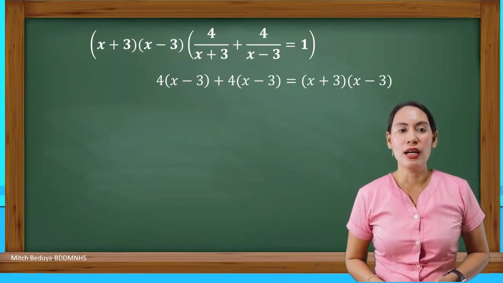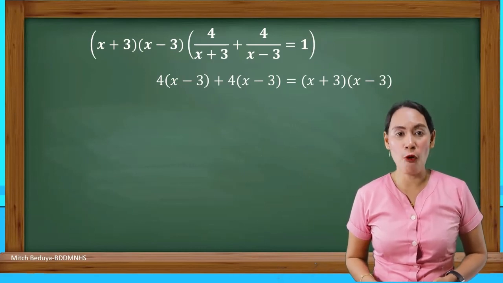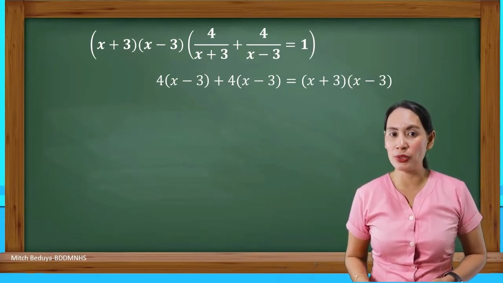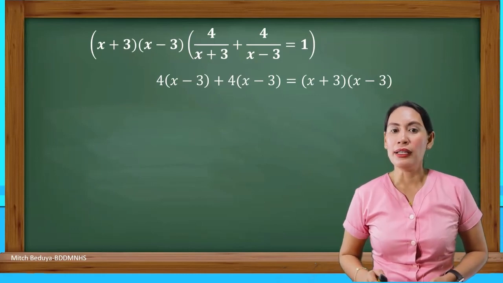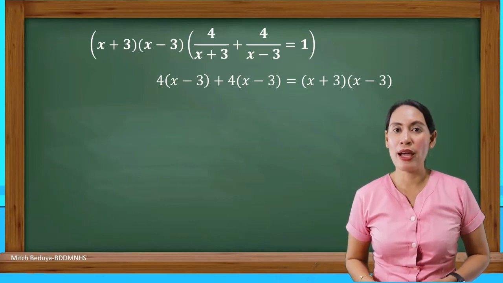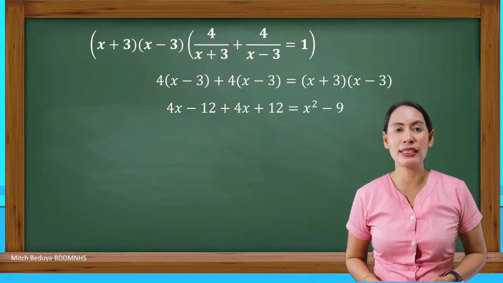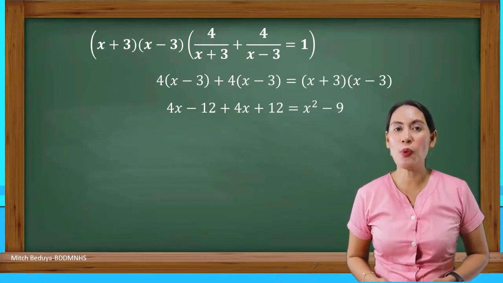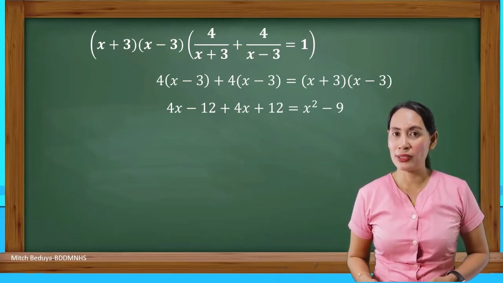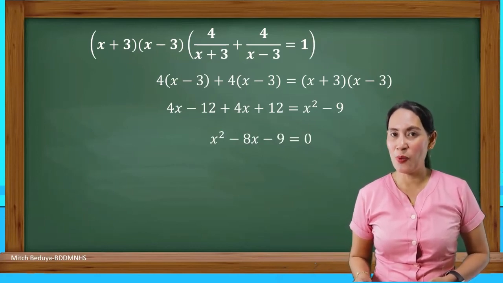Next, 4 times the quantity x minus 3 plus 4 times the quantity x plus 3 equals the quantity x plus 3 times the quantity x minus 3. So we have 4x minus 12 plus 4x plus 12 equals x squared minus 9. So x squared minus 8x minus 9 equals 0.